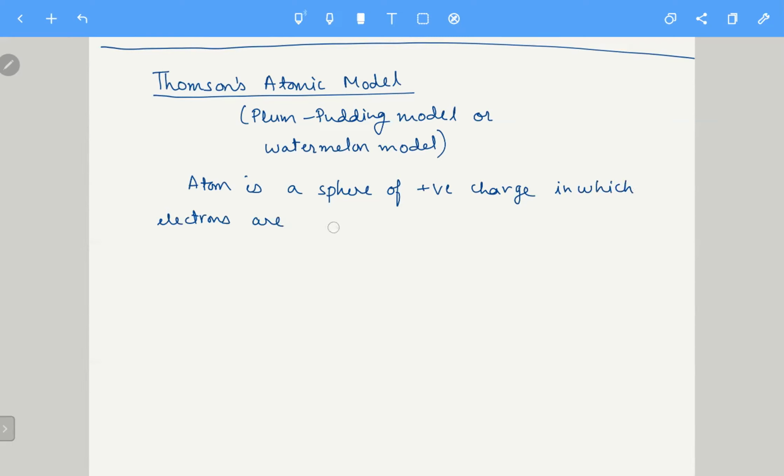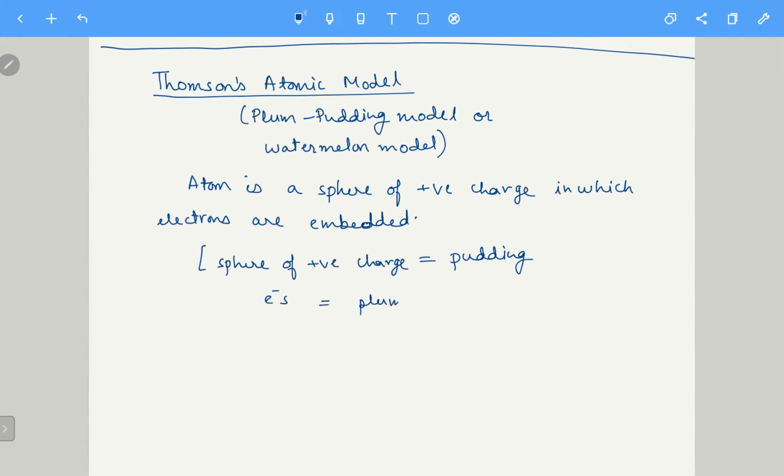So the sphere of positive charge is like a pudding, with electrons as plums in the pudding. And the model is also called the plum pudding model.